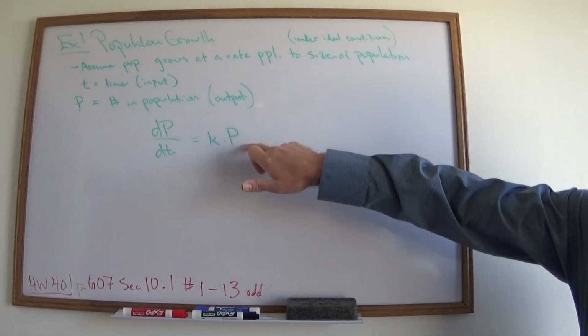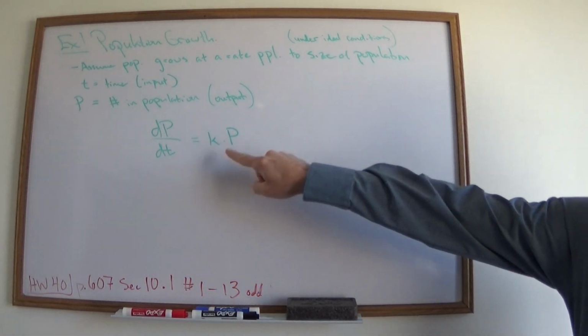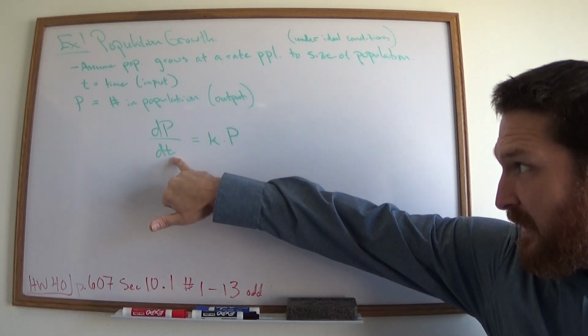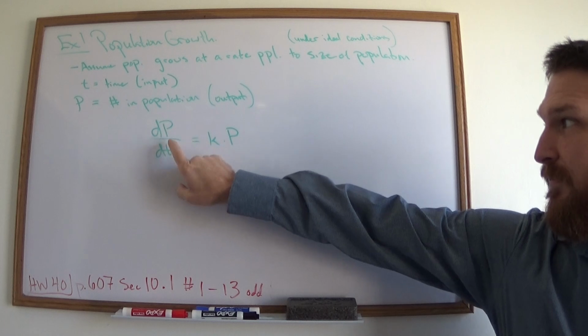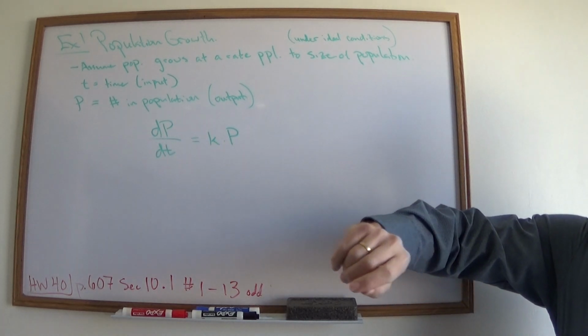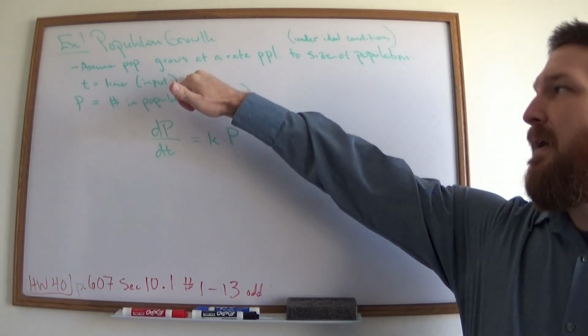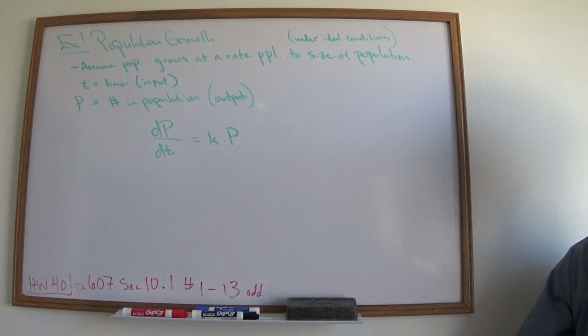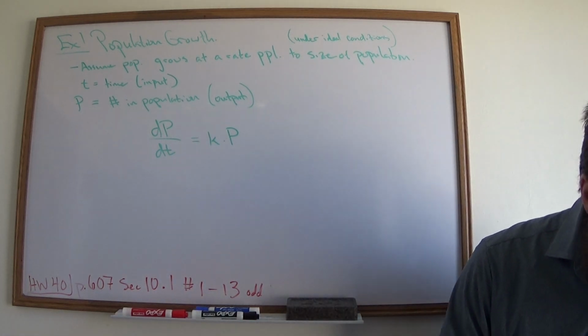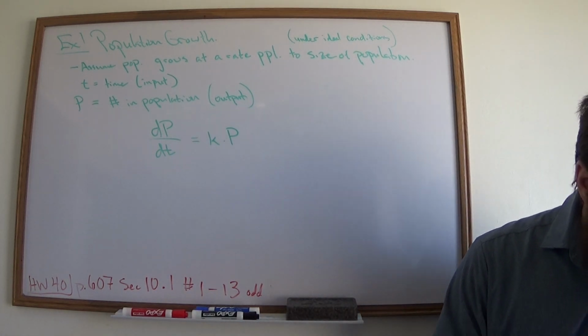P itself is a function. And this tells you what the input variable is right here, because, well, there it is, right? You can't take the derivative of p with respect to time unless p depends on time, right? So the dependent variable depends on the independent variable, in other words, the output depends on the input. Okay, so here we go.